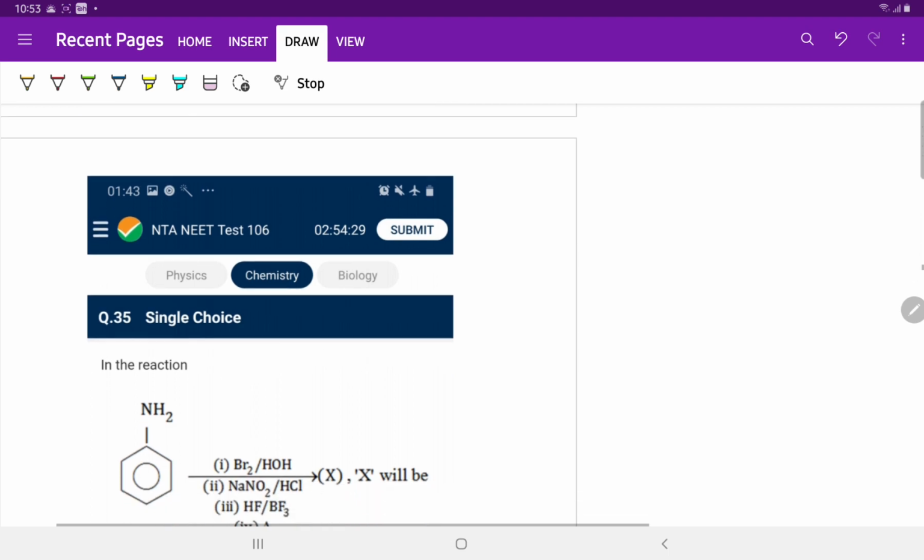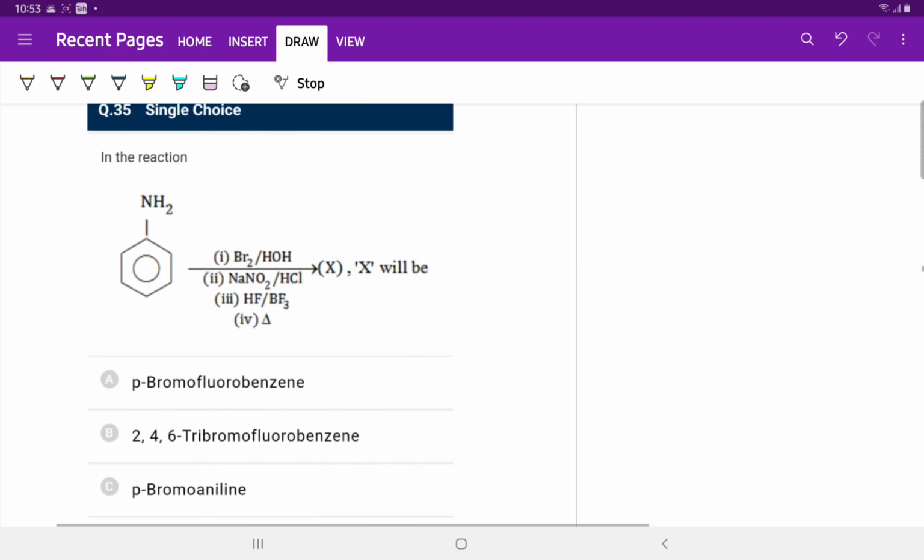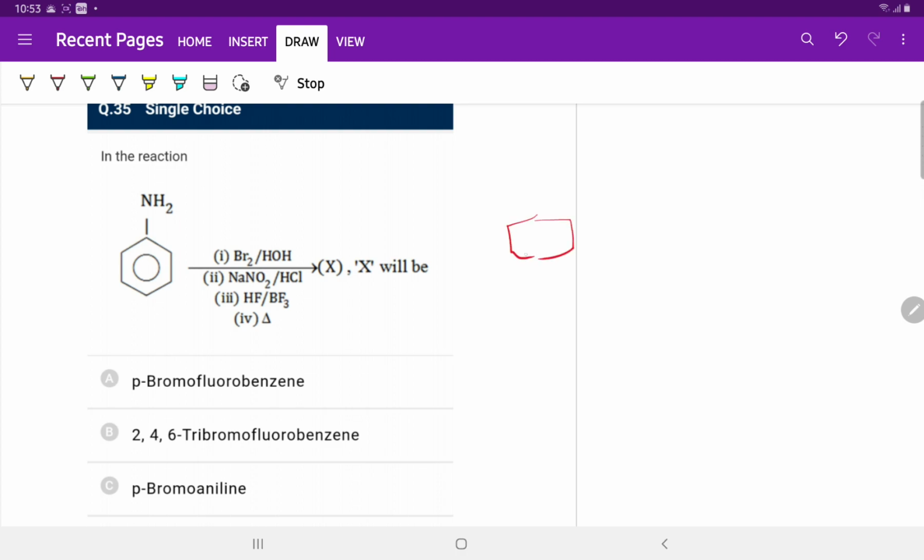For question number 35, aniline reacts with bromine water. When aniline reacts with bromine water, the product is 2,4,6-tribromoaniline in the first step. In the second step, this will react with NaNO2 and HCl.